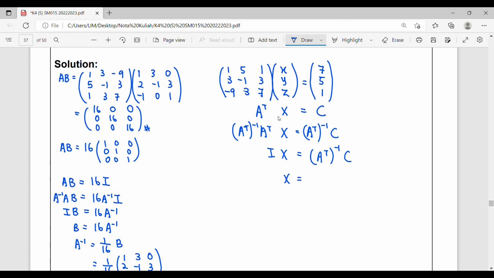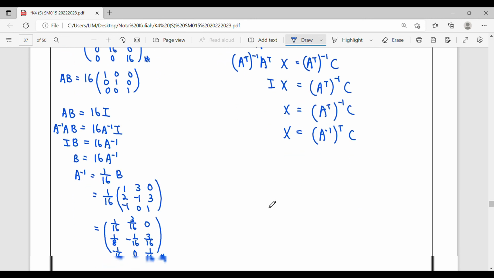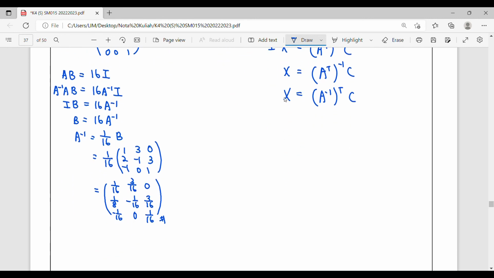So in order to find our matrix of unknowns, we can obtain it by, so here A transpose inverse is equivalent to A inverse transpose times C. Now we substitute back our matrices. The matrix of unknowns here is x, y, z. And then A inverse transpose. So we use this A inverse.